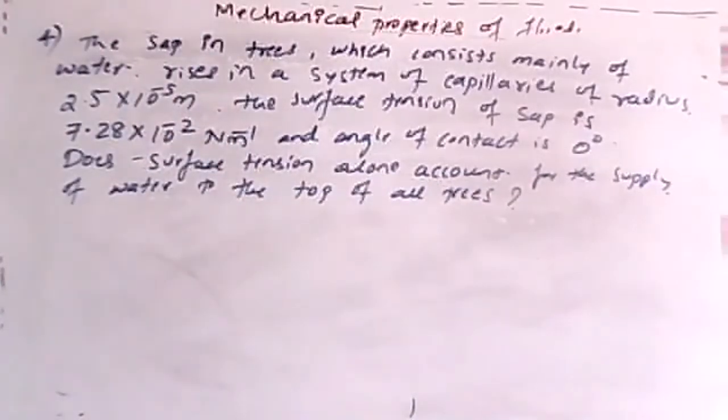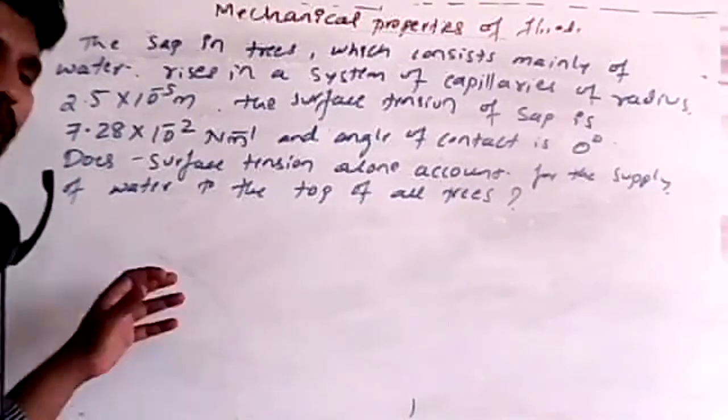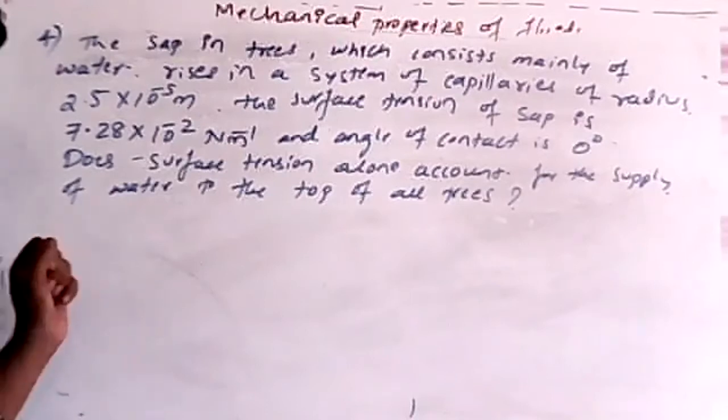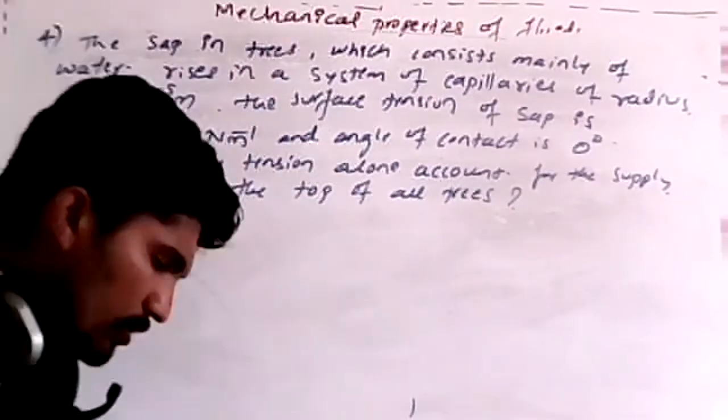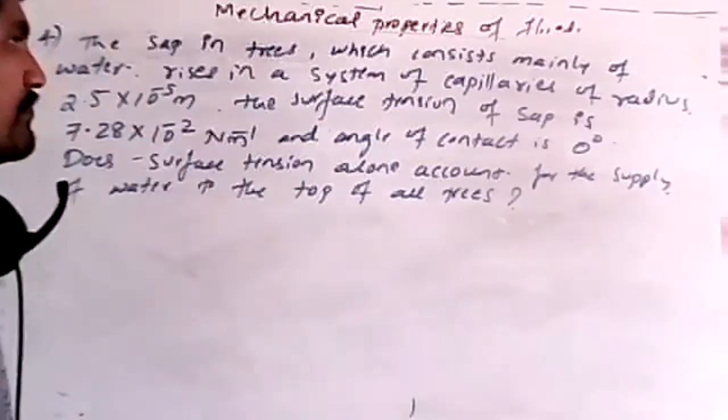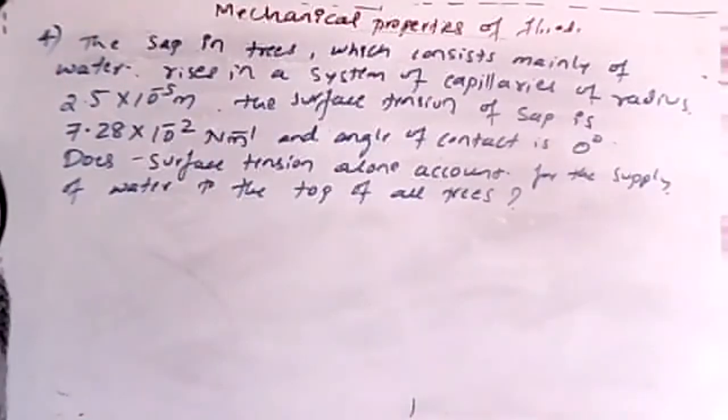This is happening in all plants. Whatever water we are giving, that water reaches all the parts of the tree, right? It is just because of surface tension.